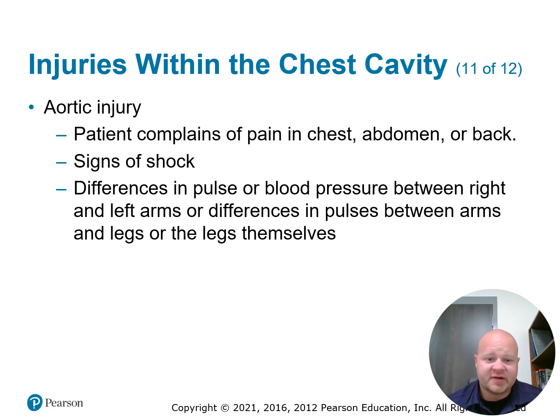They'll likely exhibit signs of shock, so pale, cool, sweaty skin, low blood pressure. Depending on where the aortic injury is, there could be a difference in the pulse or blood pressure between the right and left arms, or differences in the pulses between the arms and legs or the legs by themselves. It just depends on where that injury is in the aorta.